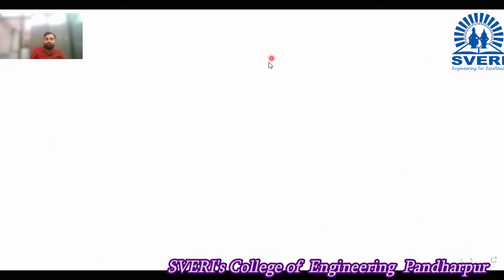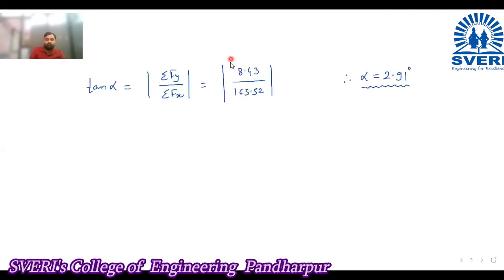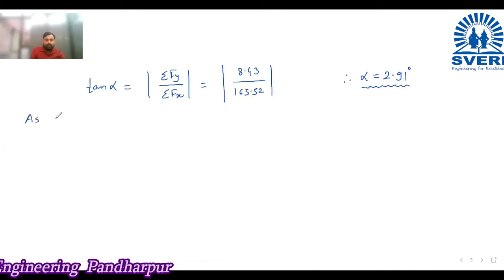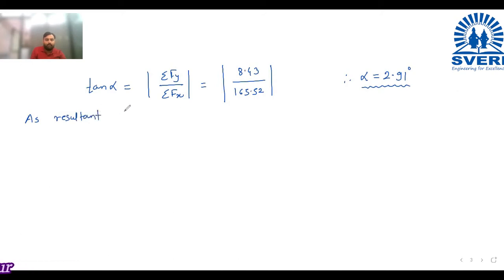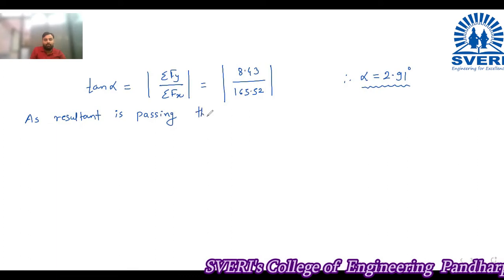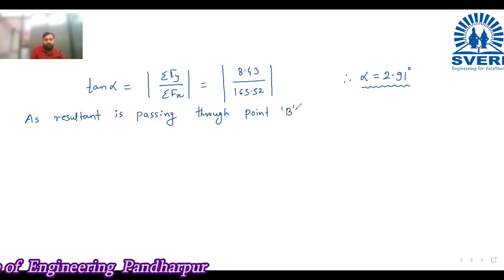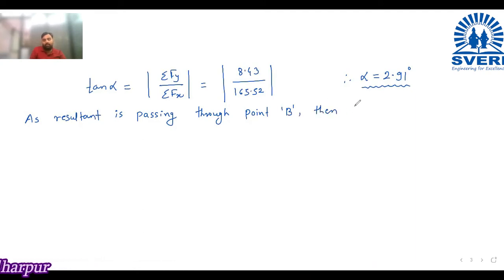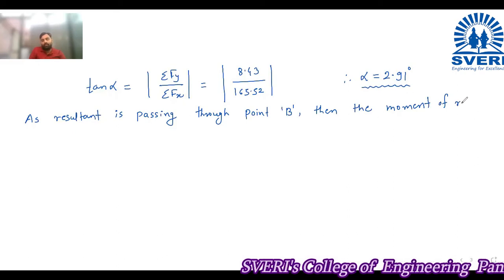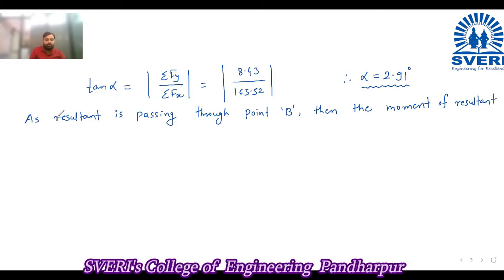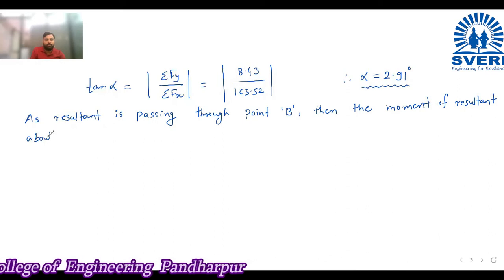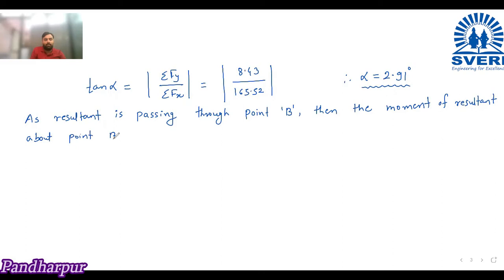So I will write: as the resultant is passing through point B, the moment of the resultant about point B is 0.